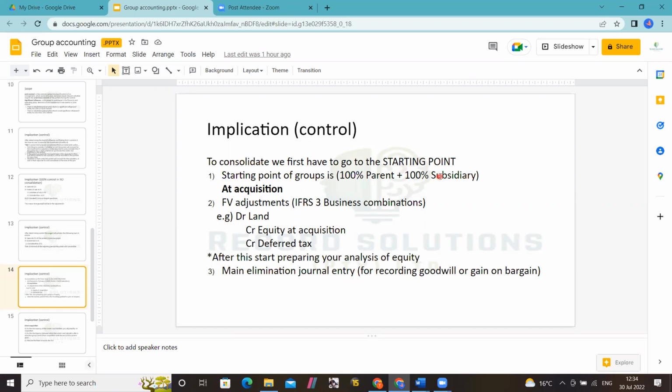However, it's actually worth 100,000. So in that discrepancy, you made basically a profit of 20,000. So you have to increase your PPE amount, because don't forget this PPE amount was actually 100,000, not 80,000. So increase it by 20,000 and then credit equity at acquisition with 20,000.